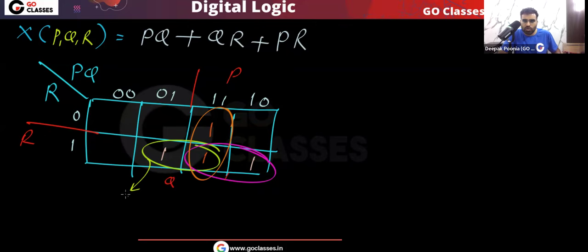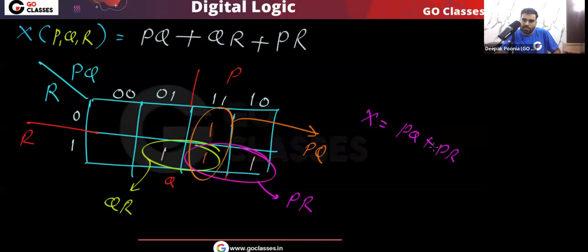So for this yellow cube, what will be the product term? This is in the area of QR. For this orange, what will be the product term? This is in the area of PQ. And for this pink, you can see this is in the area of PR. Then you can finally see that X is equal to PQ or PR or QR.